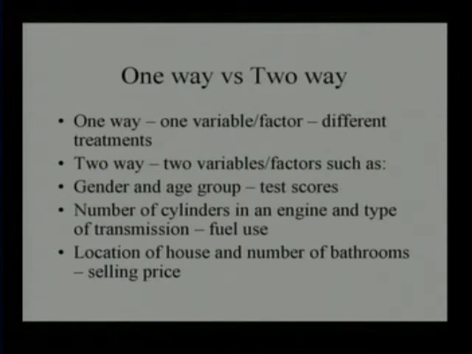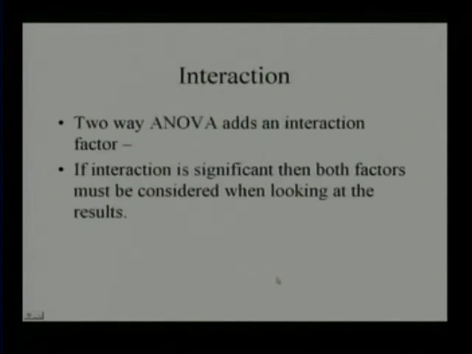We could look at the location of a house, whether it's on the ocean front or in the middle of town, and the number of bathrooms, whether it's 1, 2, 4, whatever, and the selling price, to see if there are some differences there. Those are just some examples of two-way analysis of variance.